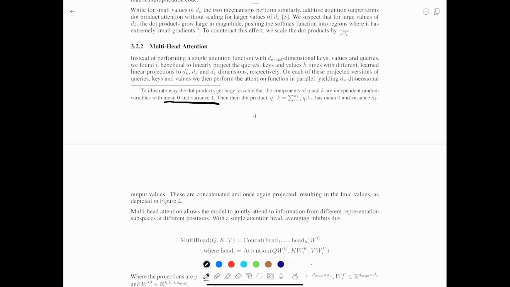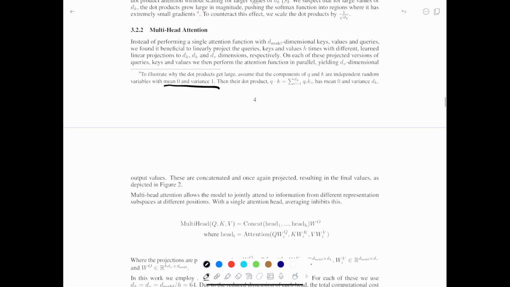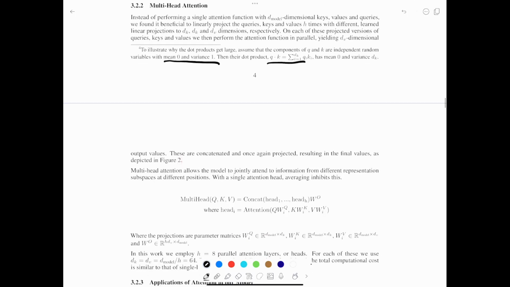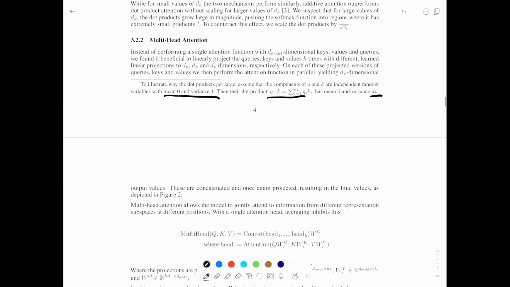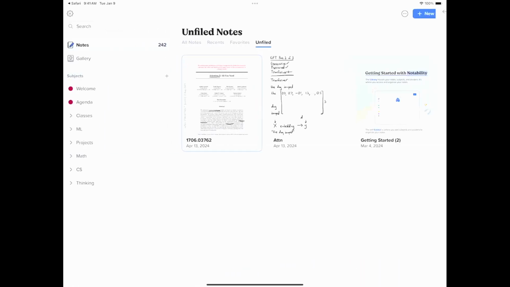So if every element of q and k has mean 0 and variance 1, then the dot product is the sum of the products of each element pairwise, and the variance will be dk. So if you scale by the square root of dk, which is the standard deviation, then you should also have the variance back to 1.